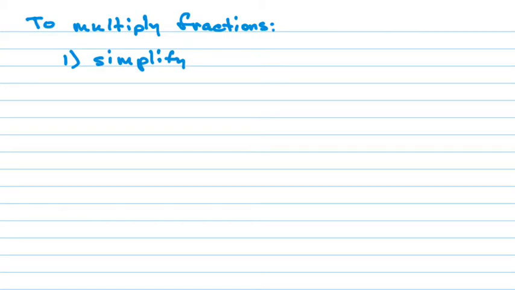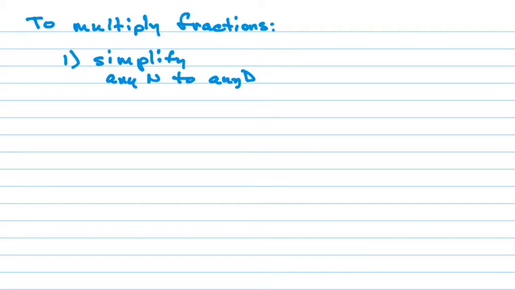But remember, when you're multiplying fractions, you have 2 fractions. So I can simplify any numerator to what? Any denominator. Do you remember that? It's exactly the same thing that we talked about before. So it doesn't matter which fraction it's coming from, as long as you're crossing that fraction bar, then you're in good shape.